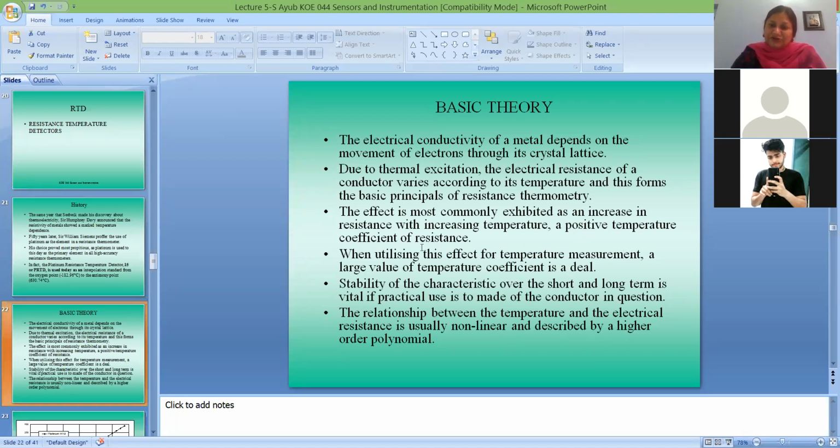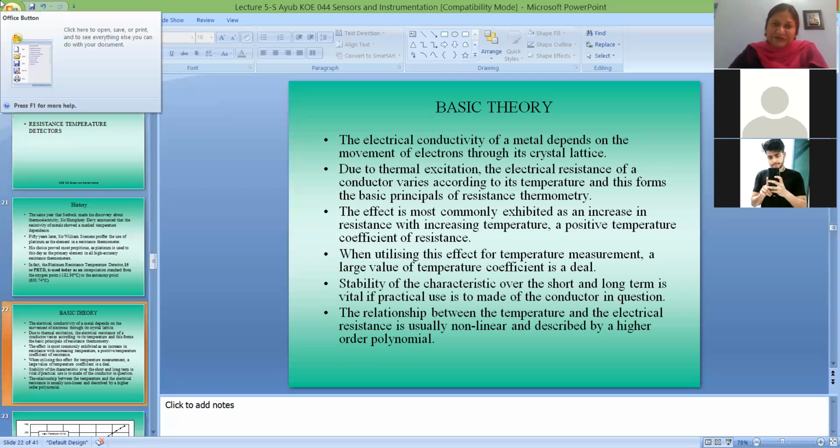A positive temperature coefficient of resistance exists. Positive temperature coefficient means as temperature rises, the resistance also rises. Negative temperature coefficient means as temperature increases, the resistance decreases. But RTD gives you a positive temperature coefficient. So as your temperature rises, the resistance also increases.